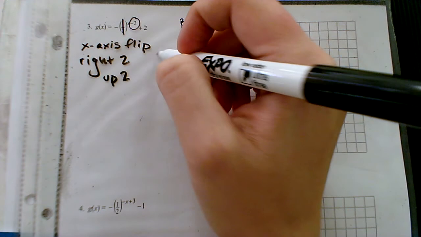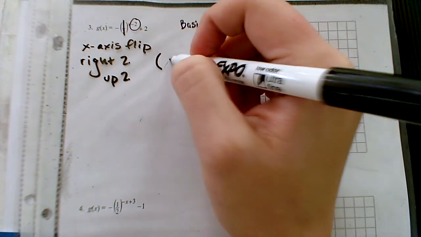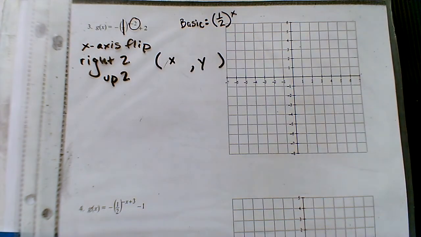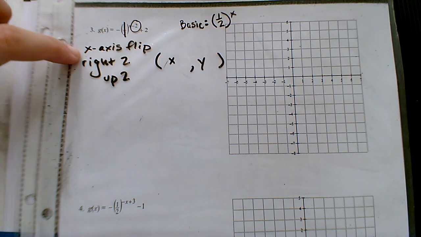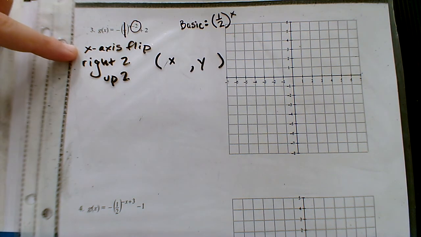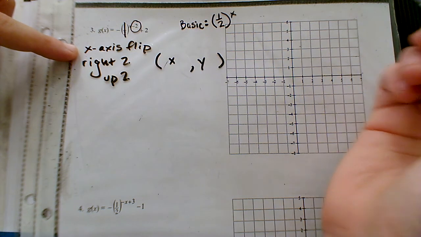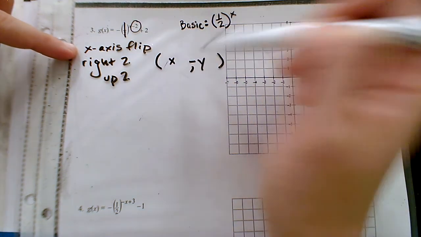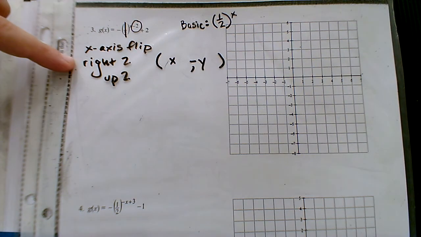With those transformations, let's write our rule, how the coordinates from the basic graph would change into the coordinates of this new graph. Let's see, x-axis flip. Which variable does that affect? The y, and what happens to the y? It becomes negative, okay.